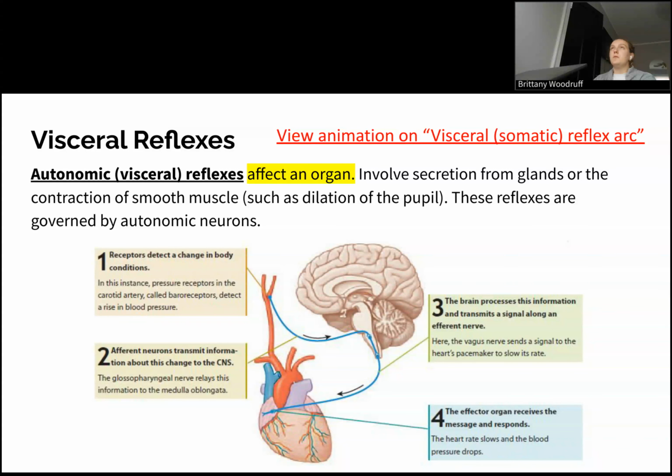If your baroreceptors detect an increase in blood pressure, right? They're going to send a signal to decrease the heart rate so that blood stops flowing as quickly, right? So it decreases the volume of blood in the arteries, ideally. Now, obviously, there are disease processes such as hypertension that can impact this reflex.